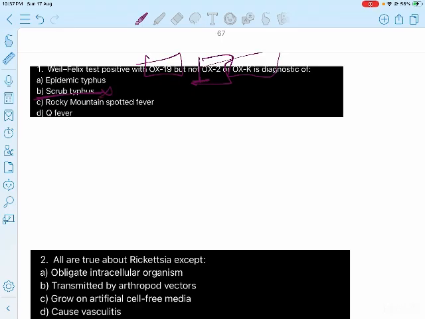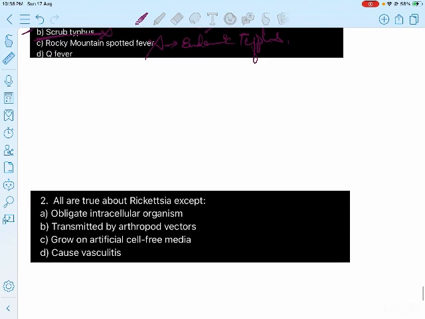Now OX2 is also not there, so we can rule out Rocky Mountain spotted fever and endemic typhus, which have OX2. Okay, Rocky Mountain spotted fever and endemic typhus. So the answer here would be OX19 for epidemic typhus. This is your answer here.